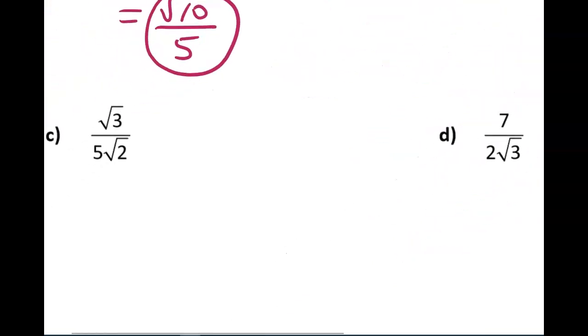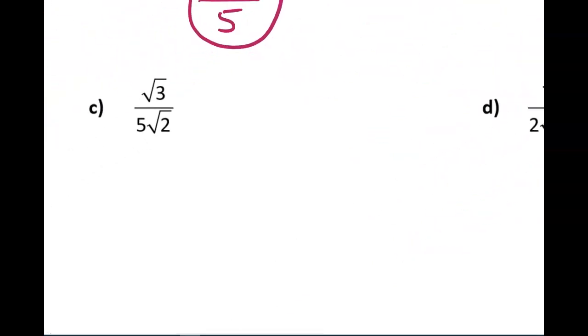All right, let's try one with an even harder difficulty level, or maybe it just looks more complex. It actually isn't that much more difficult. Now, in this one, you'll notice that we have 5 times the square root of 2 in the denominator. Now, the 5 isn't hurting anything. It's a whole number. But we want the denominator to be a whole number, so we're going to multiply by the square root of 2 over the square root of 2.